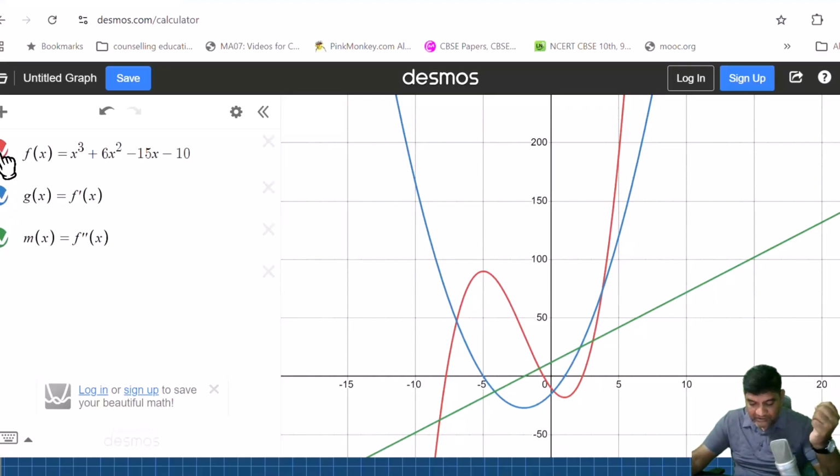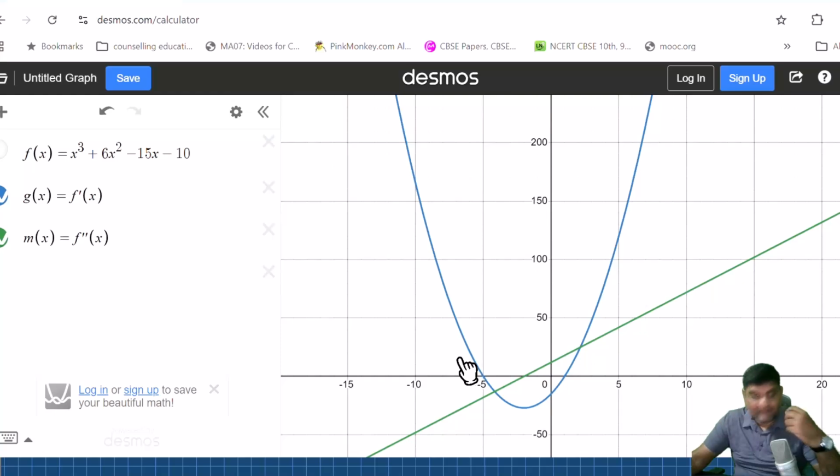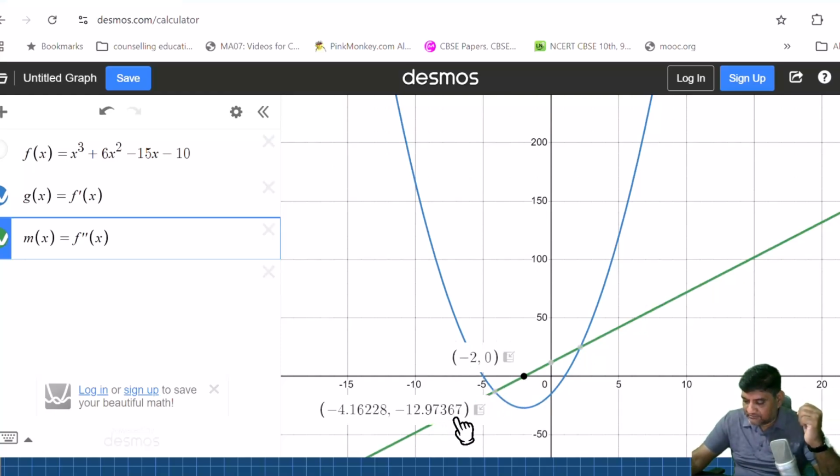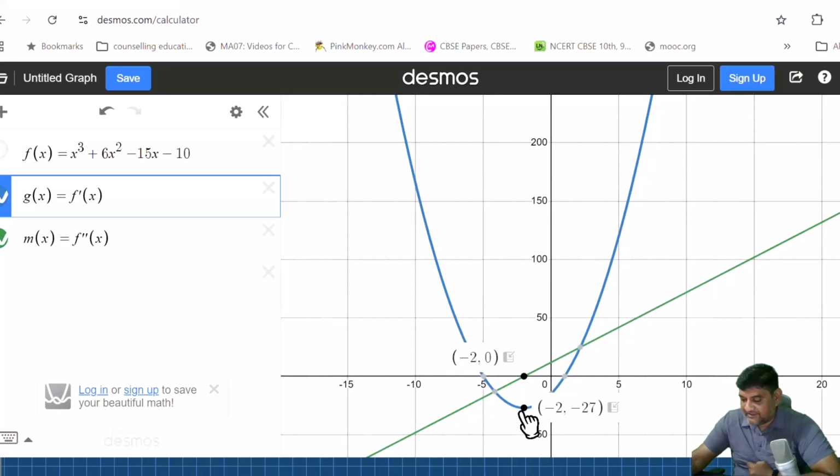First, we'll compare it with the differentiated function, and then we'll go to the actual function. So what is this saying? At this point, d square y by dx square is 0, which means this is the point where dy by dx has a minimum point. So dy by dx until this point is negative.